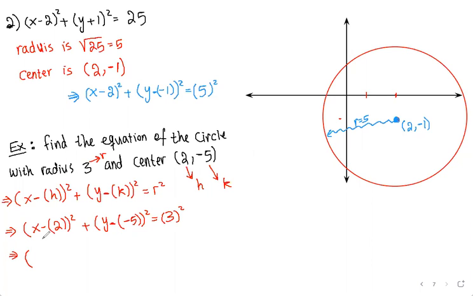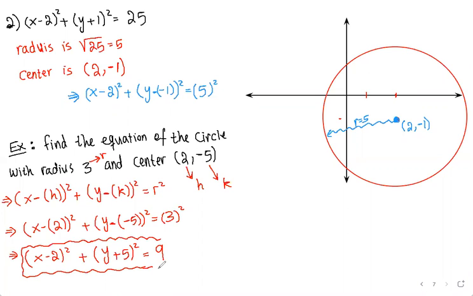What do you get? (x minus 2) squared plus y minus minus, what is it, Salim? Plus 5, squared, equals 9. So this is the equation of the circle. Just plug into the original formula for the equation of a circle.